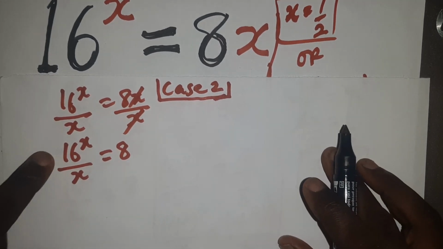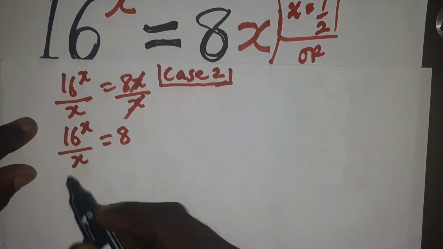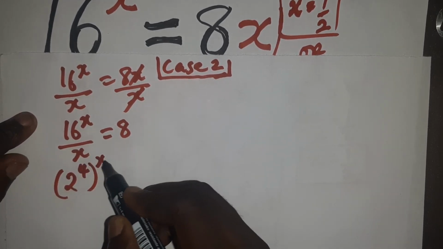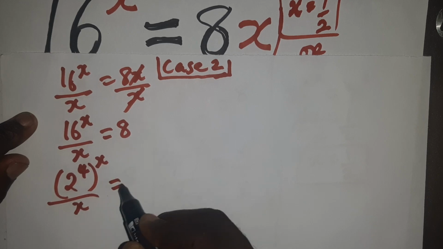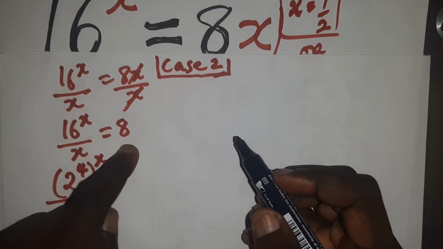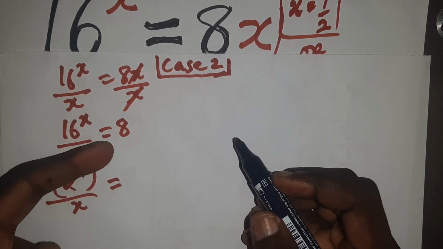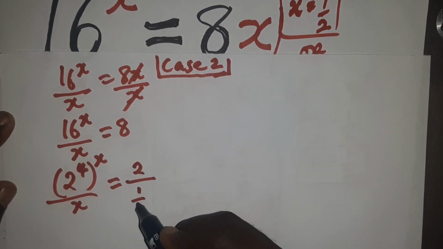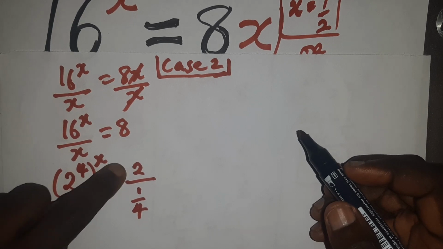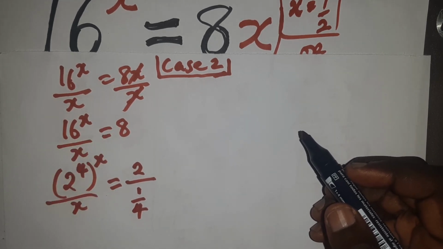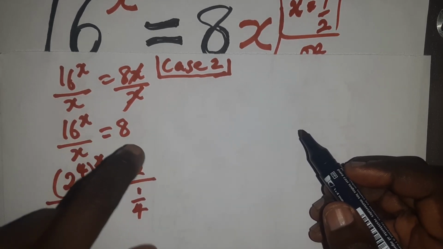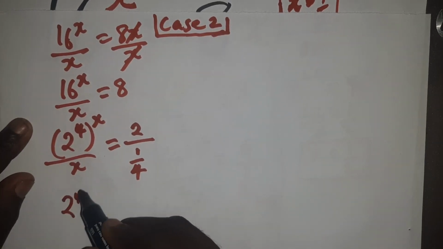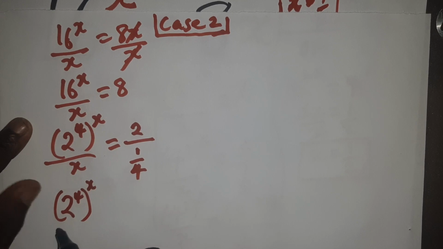And on the left hand side, we can rewrite this 16 as 2 raised to power 4. So we have 2 raised to power 4, raised to power x over x equals, then again we can manipulate it in a different form this time around. We can write it as 2 divided by 1 over 4. Mind you, 2 divided by 1 over 4 still gives you 8. We can still further manipulate the right hand side. We can now have it as 2 raised to power 4 raised to power x over x.